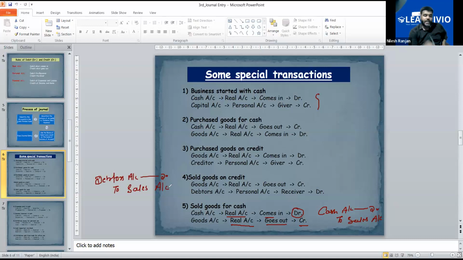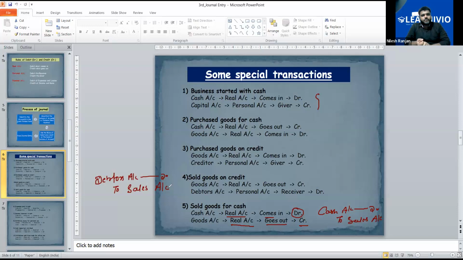Now, in some of the classes, the students ask this: sir, in a cash transaction, the debtor is also receiving goods. That person is also receiving goods. Then in cash basis, in cash transaction, why are we not recording his name? Can you tell me why?